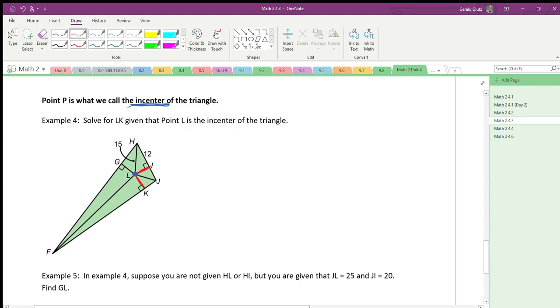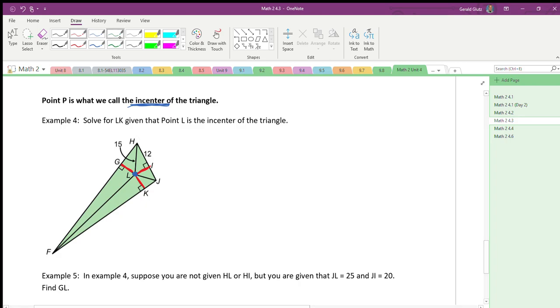So all three of these red lines that I'm drawing are going to be the same length, because those are all the perpendicular lines to the sides of the triangle. So if I find LI or LG, that'll be the same length as LK.